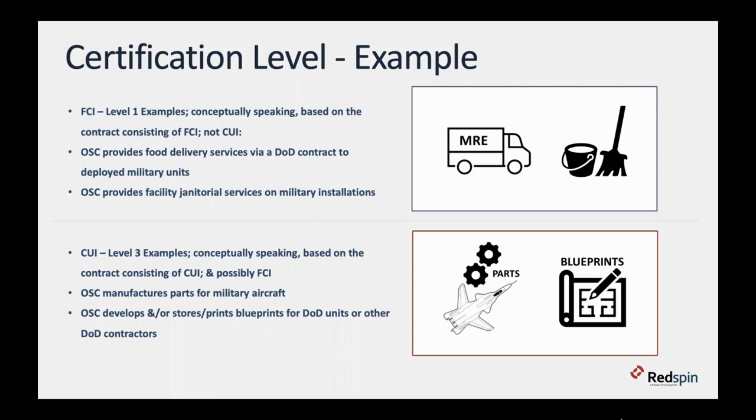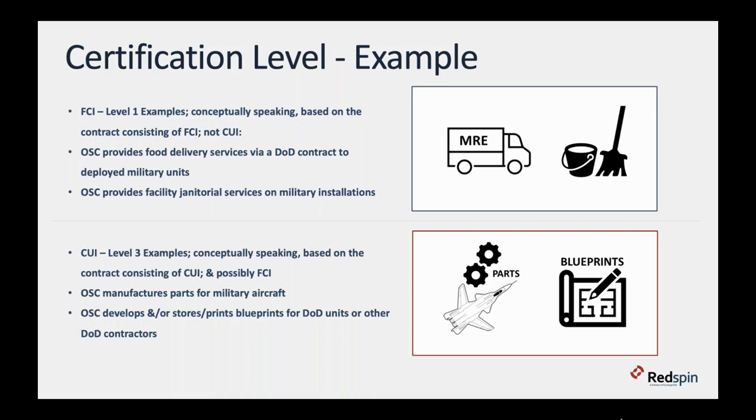Now moving on to CUI, level 3 examples. Remember, level 3, CUI, it's based on contracts consisting of CUI and possibly FCI. But keep in mind, this is the hardcore. The OSC manufactures parts for military aircraft, Navy ships, so to speak, all those types of tanks.